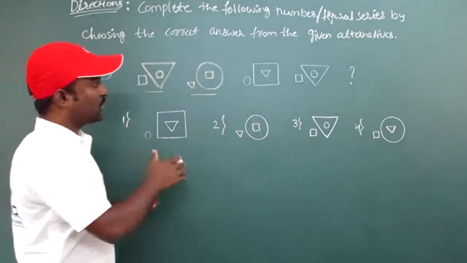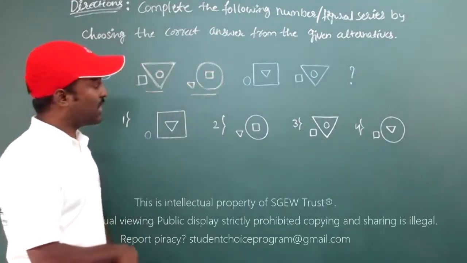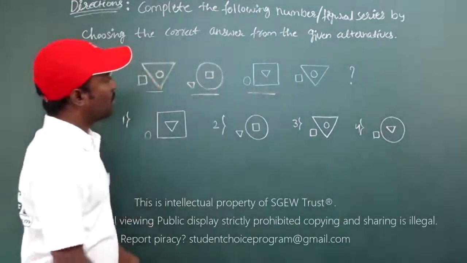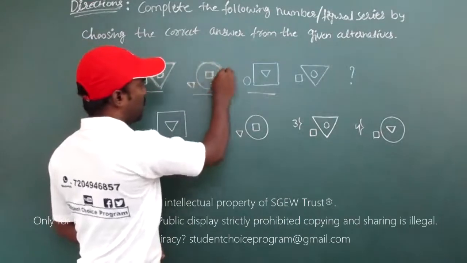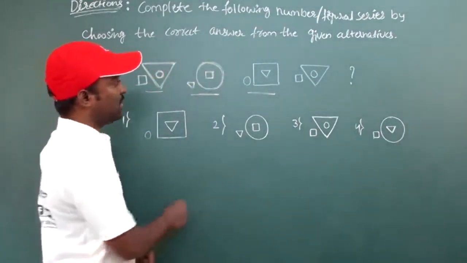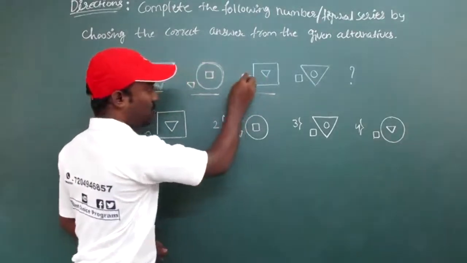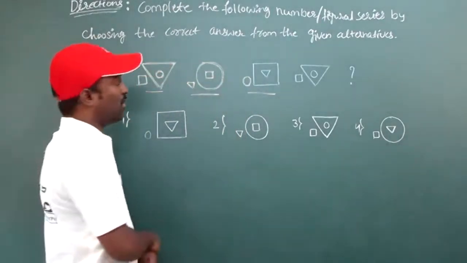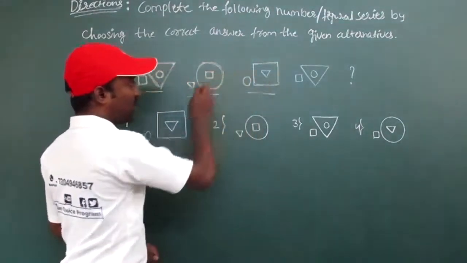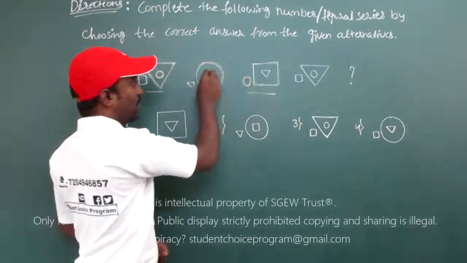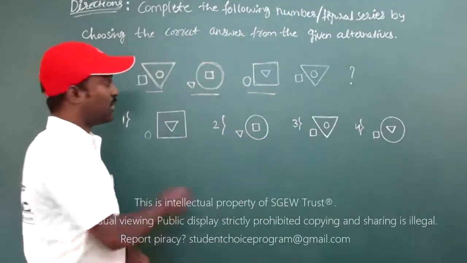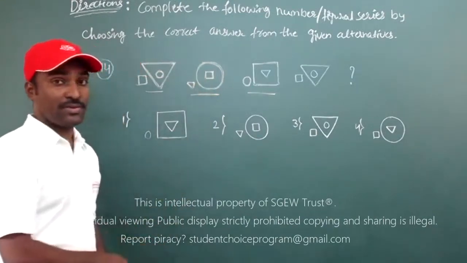Using those observations with the next figure. In the next figure, if you observe this and this is the outer shape or outer circle which is present beside the square, and the square was a inner shape in the previous figure.